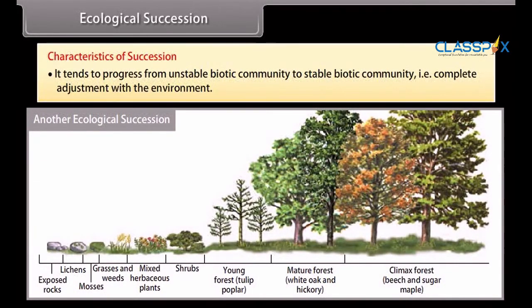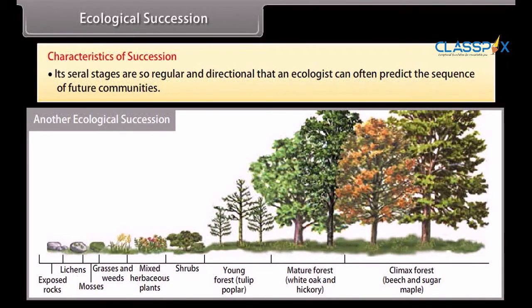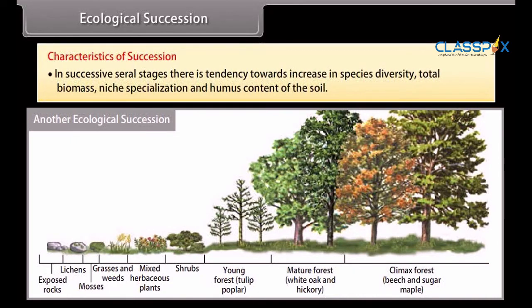Characteristics of succession. It tends to progress from unstable biotic community to stable biotic community, that is, complete adjustment with the environment. Its several stages are so regular and directional that an ecologist can often predict the sequence of future communities. In successive stages, there is tendency towards increase in species diversity, total biomass, niche specialization and humus content of the soil.